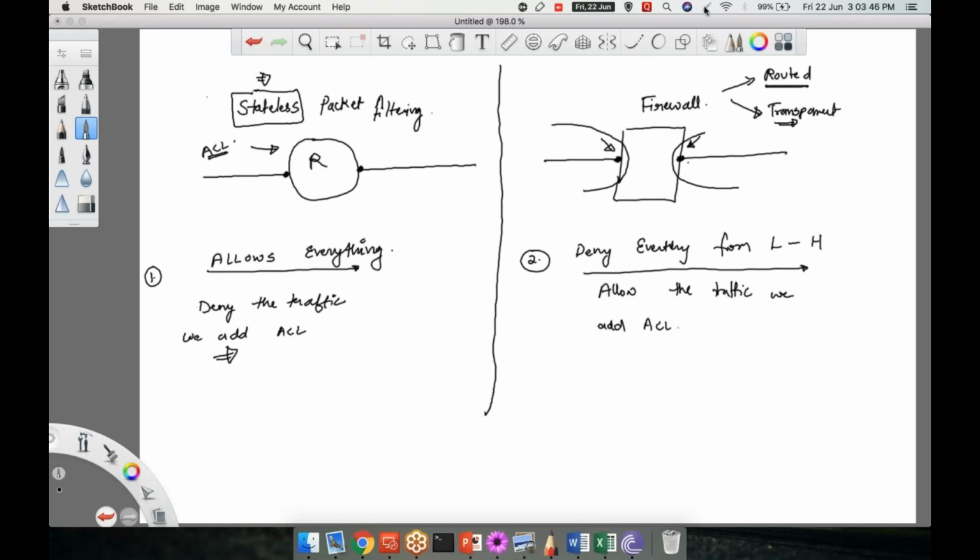Now, before moving further ahead, let me explain one more thing: what is a flow? A flow is a communication between two devices in which multiple packets are moving from point A to point B, or from source towards the destination.